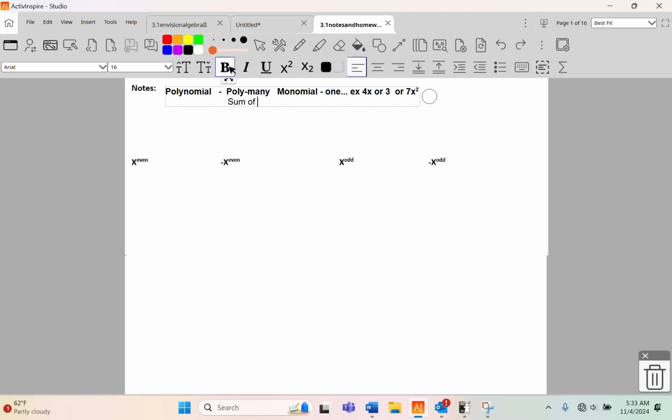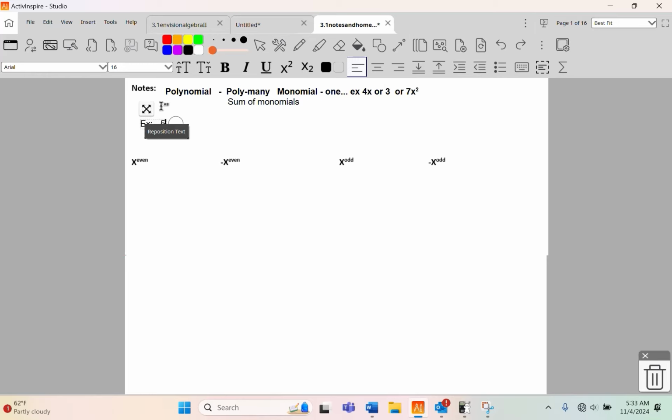That's all it is, sum of monomials. And you put them together and you get a new function. When you talk about polynomials, you have certain things like the leading term, what we call the power factor and stuff like that. So let me give you an example of a polynomial.